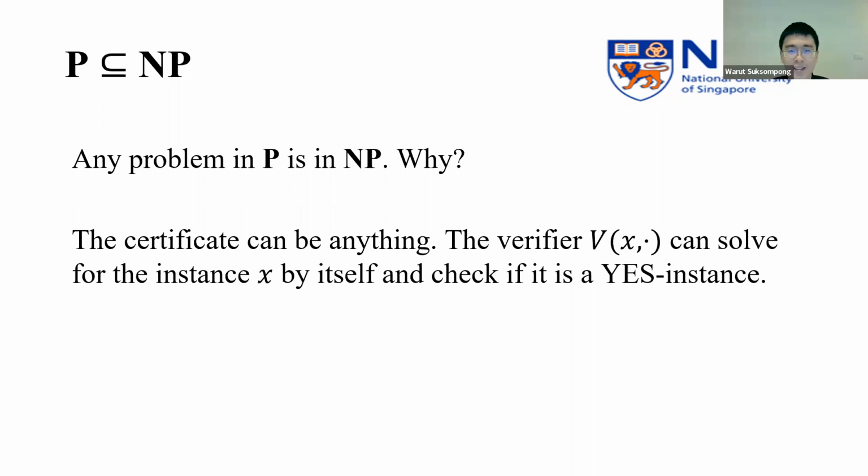The verifier can just solve the problem by itself and then check whether it's a yes instance or not, because the problem is in P, so it can be solved in polynomial time. Instead of trying to verify the certificate, why not just solve the problem, because the whole problem is easy? So any problem that's in P is also in NP. So P is a subset of NP.